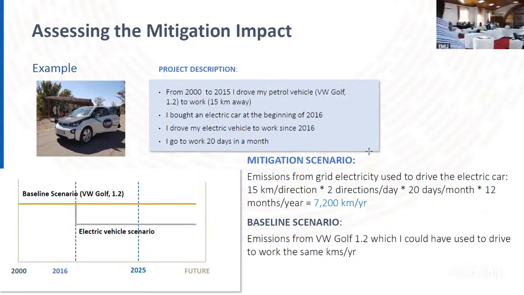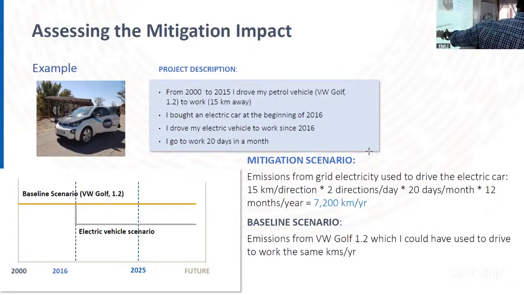So historically, he was driving this car until the point when he bought the electric vehicle. But if he had continued with his petrol car, this would be the baseline scenario. Now, the fact that he gets an electric vehicle, this becomes a mitigation scenario.